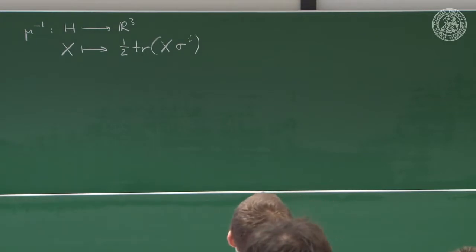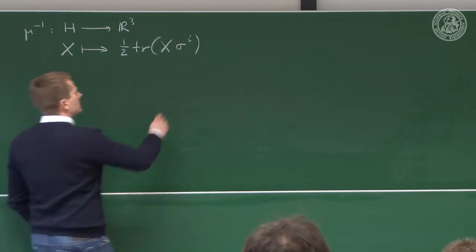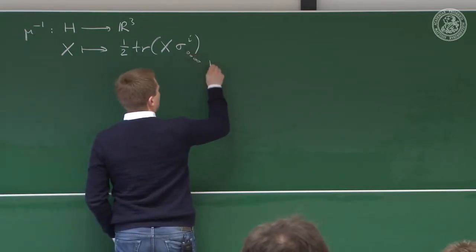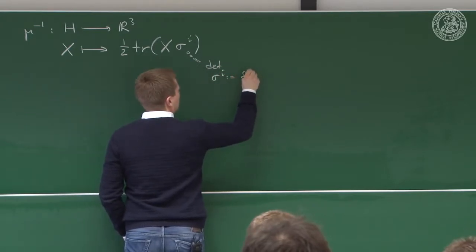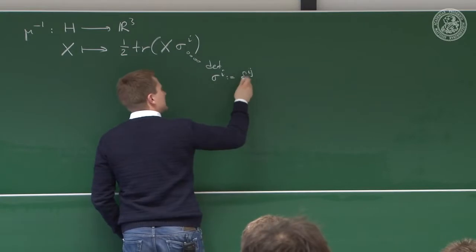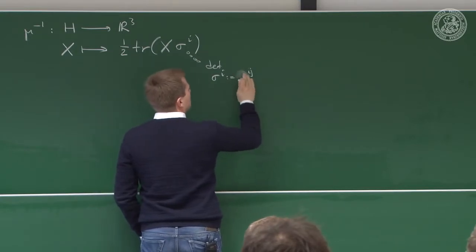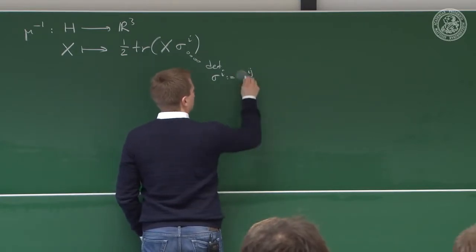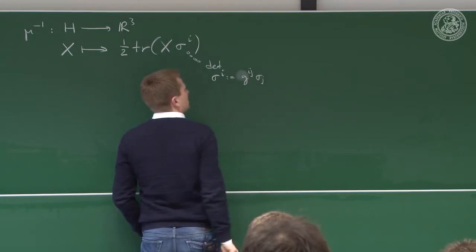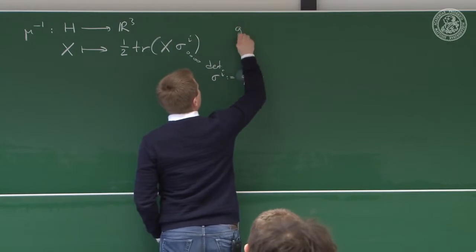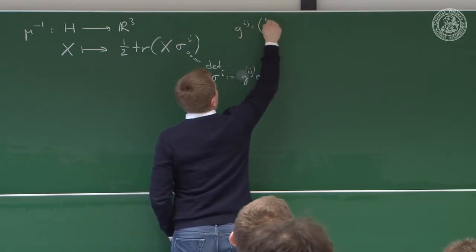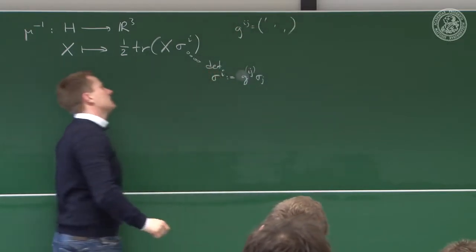And sigma up I here is exactly the same as sigma I, because we define the sigma up i's as delta ij, well, with the indices up. It's actually not a delta, it's more like a metric, g^ij sigma j, right? Symmetric. But we use this here in this form.